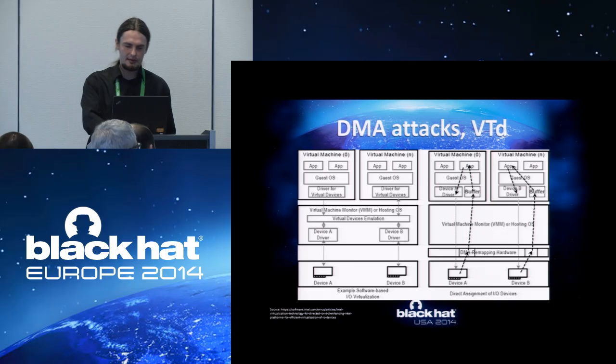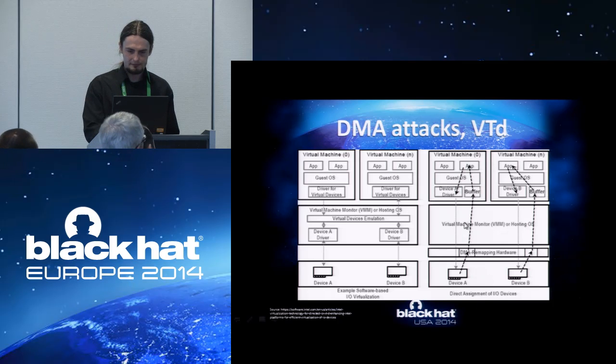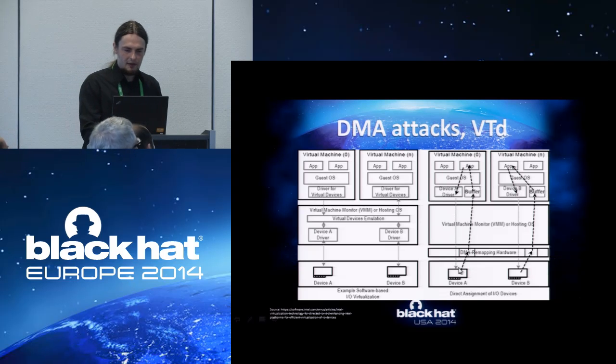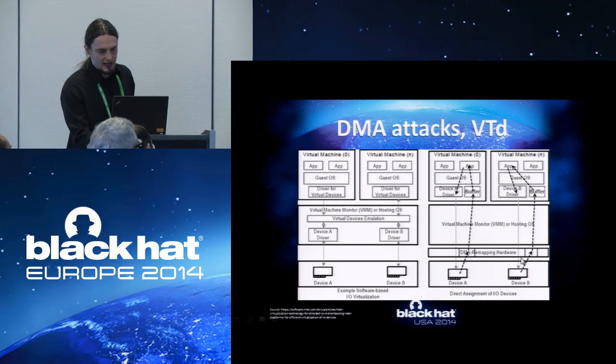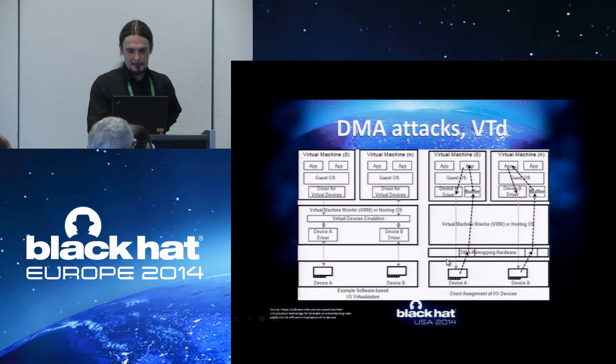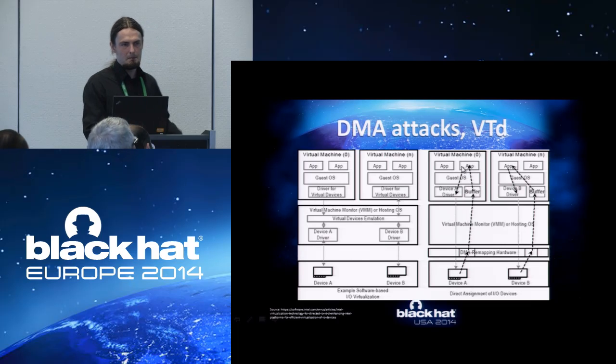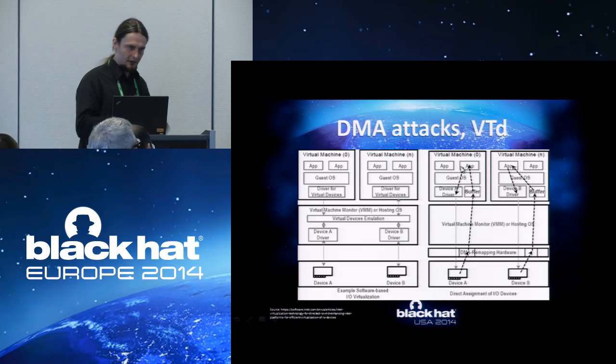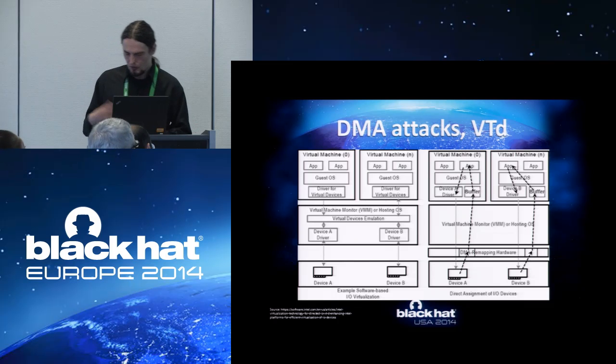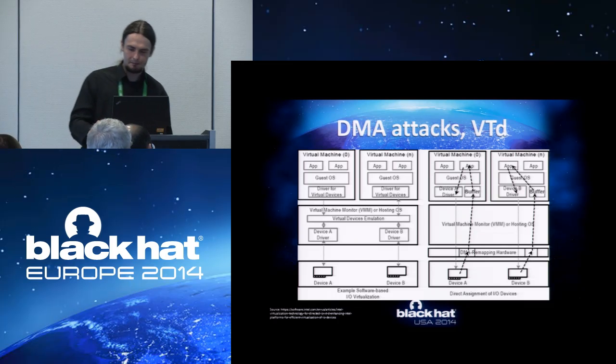So how it works is that you have some virtual machine, and you give it the ability to configure the device, but there is an additional layer here. It's called DMA remapping hardware, and it checks all DMA accesses done by this device. And if this DMA access goes to the memory allocated for the virtual machine, that's fine, it's allowed. But if it sees that you try to corrupt hypervisor memory, then it's denied.